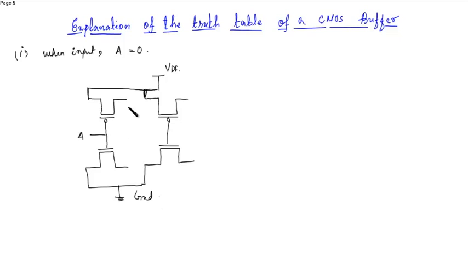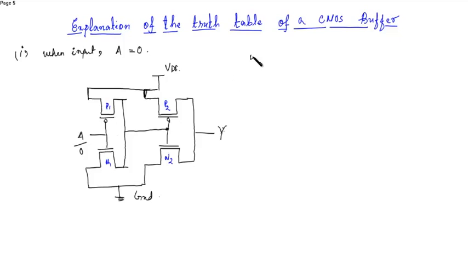This was ground. The output, which was the input to the second inverter. This is the final output Y. So when A is equal to 0, we have to give names to the transistors: P1, P2, N1 and N2.